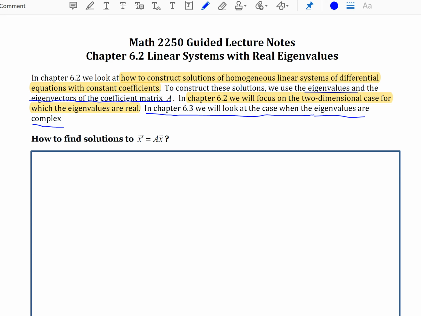So how do we find solutions to our system x prime equals Ax?